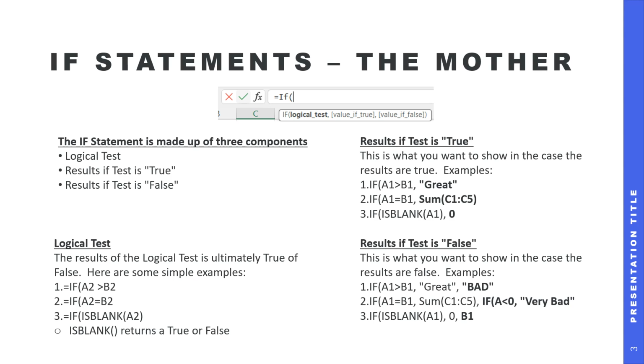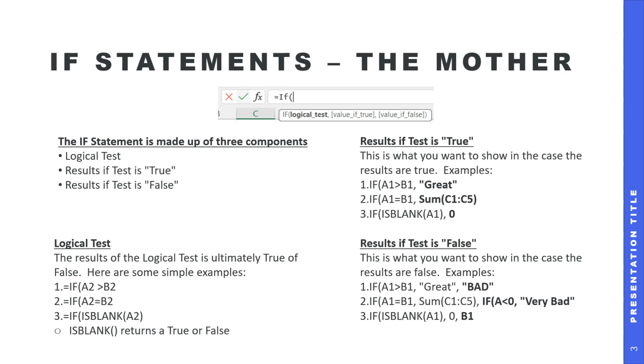The next example, if A1 equals B1, we want to sum C1. If it's false, we're showing that we want to do another if statement. Now, I want to pause here because this is pretty powerful. This is called a nested if statement.